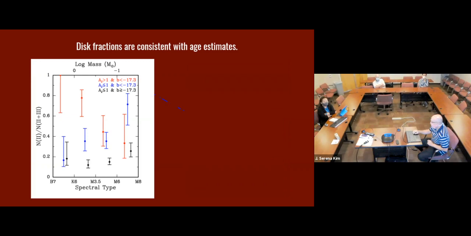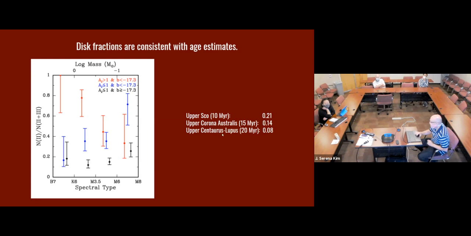It is so delightful that the disk fraction for this older population and above fits so nicely with other measurements for regions. So here's Upper Sco. Its disk fraction for basically these two bins right here is 0.21.